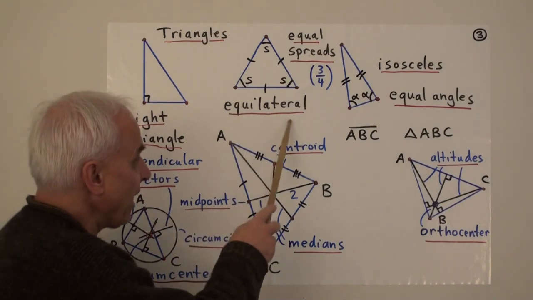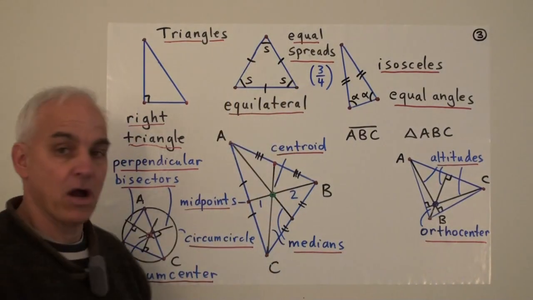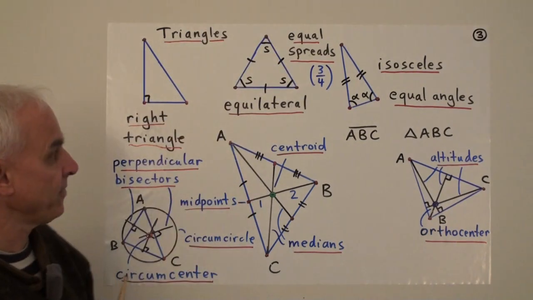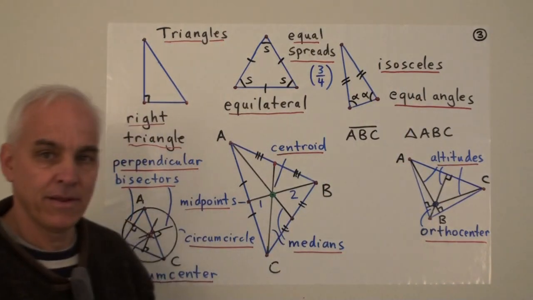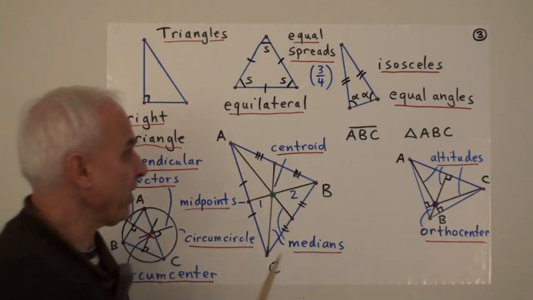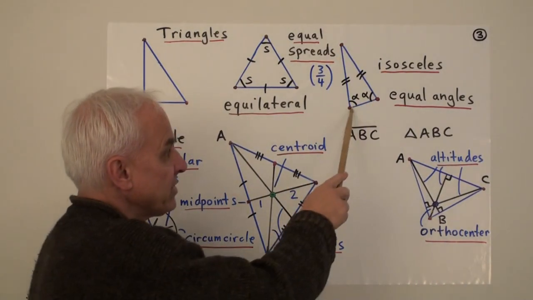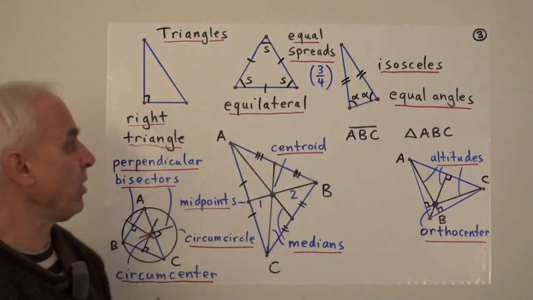There is an equilateral triangle where all three sides are equal. An isosceles triangle is a triangle which has two equal sides. In this case, this one and this one. The third side does not have to be equal to those ones. If it was, then we would have an equilateral triangle.